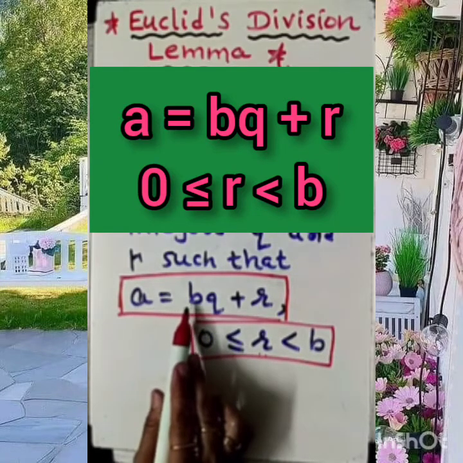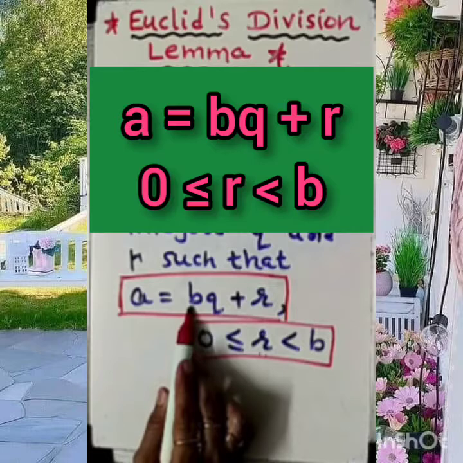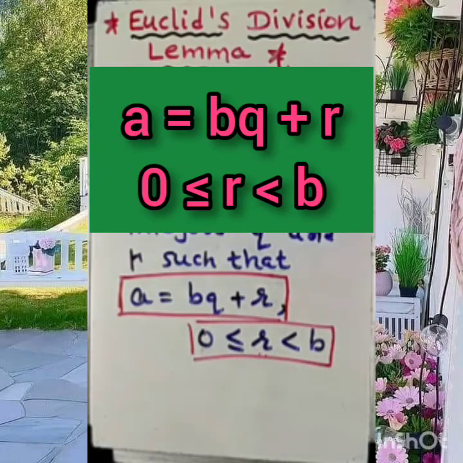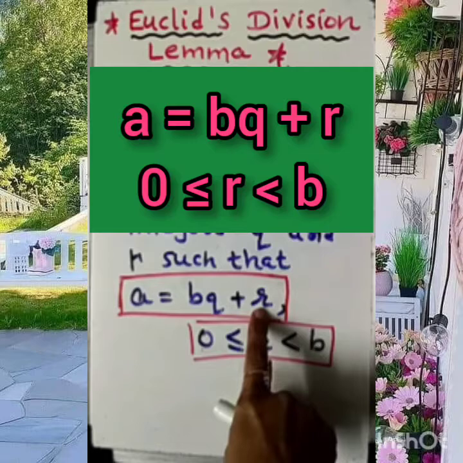These A and B are two numbers. Q, you know very well, is the quotient, and R is the remainder.